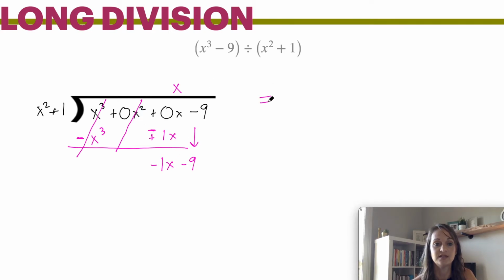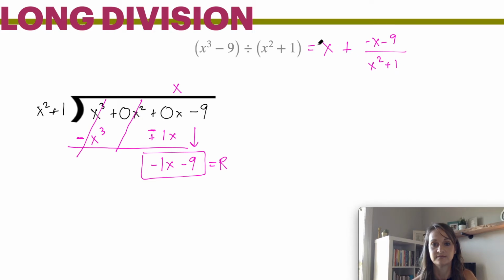So the answer to this function divided by this divisor is going to be x plus the remainder, because you cannot go any further, divided by your divisor. And that will be your answer.